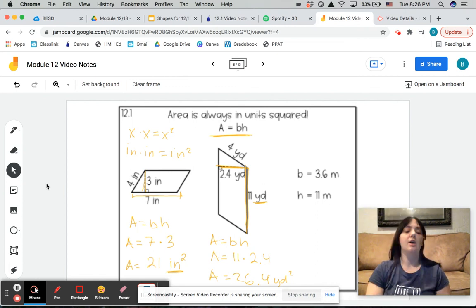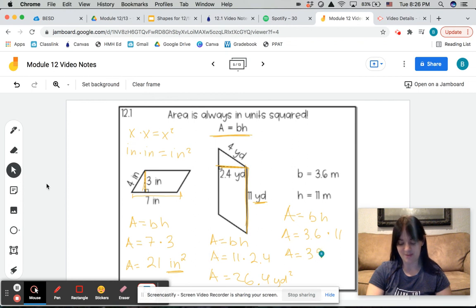Okay. Now, this last one does not have the parallelogram drawn, but we know that it has a base of 3.6 meters and a height of 11 meters. So area equals base times height. Our base is 3.6. Our height is 11. Our area is 3.6 times 11, which is 39.6.